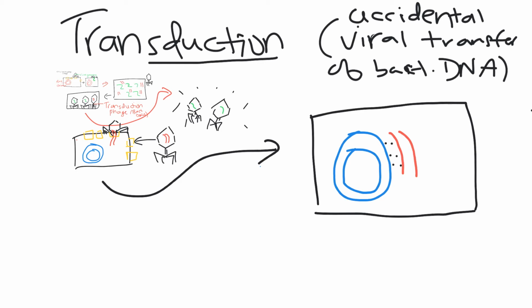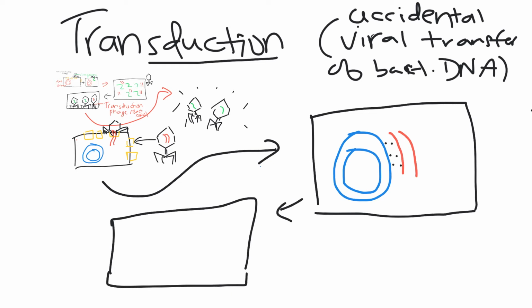And there's machinery in the cell which can recombine the DNA. And so now you have different DNA flipped into the genome.